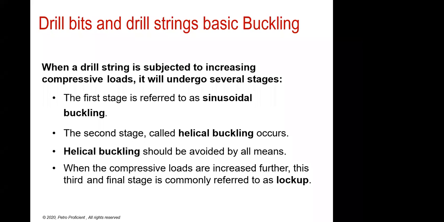Then you have helical buckling, and then the third part is lockup. When you go from sinusoidal buckling to helical buckling, it's like a second phase. You move from one to another, and it should be avoided by all means. When the compressive loads increase further, this can lead to lockup, meaning the string gets jammed in the open hole in a helical manner.